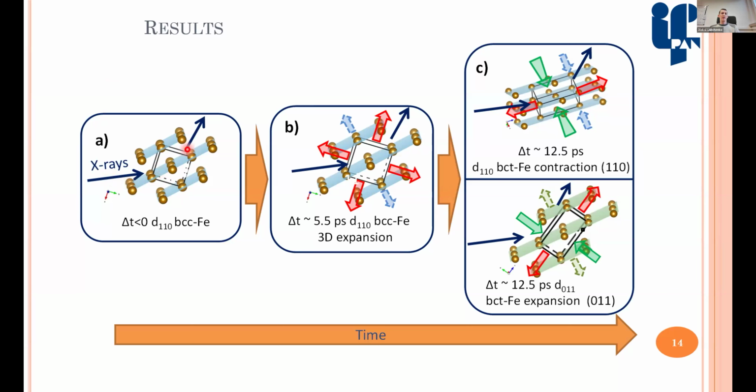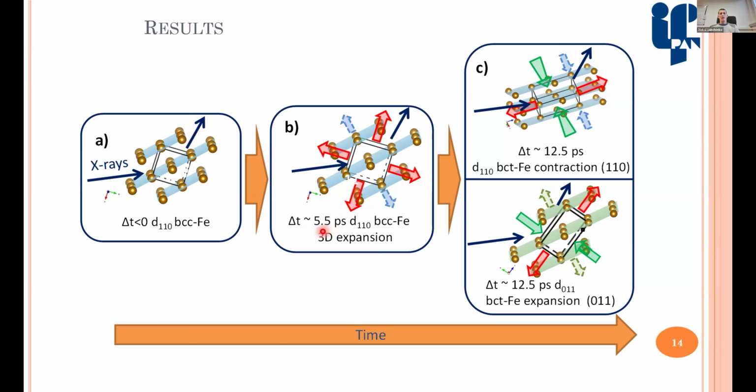Here are atoms and lattice planes. Before laser irradiation, we see only one interplanar spacing from the 110 reflection for iron from the body-centered cubic cell.